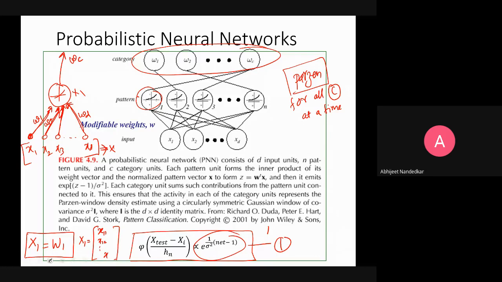Okay, so this W1, small W1 will be equal to this X11. So what X11 stands for? X11 stands for the first value of capital X1. X12 stands for the second value for pattern X2 and so on.